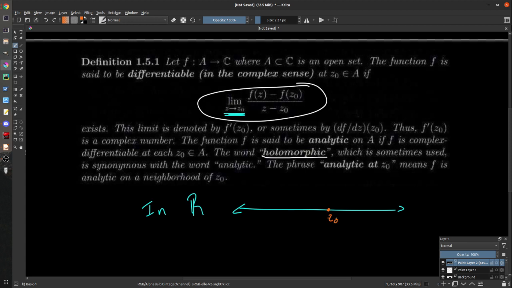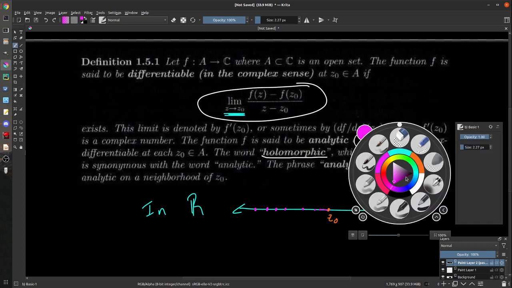Like if you've got z naught, there might be a lot of different sequences that can go to z naught, or you can maybe do some fancier way of going to z naught.